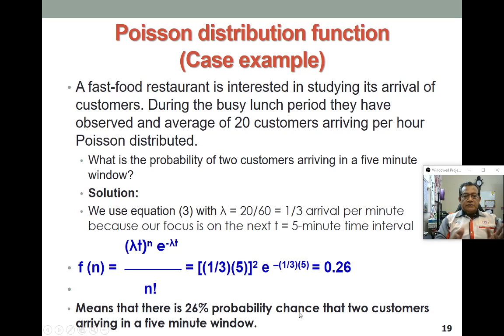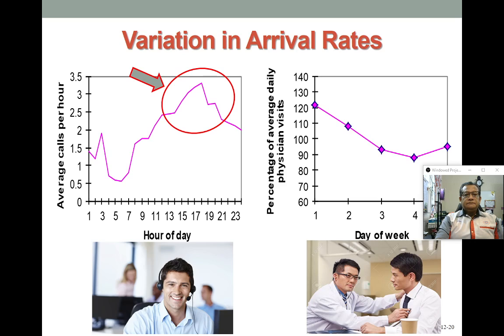So by this, you could predict that in the next 5 minutes, 2 customers coming is only about 26%, or about 1/4. 1/4 of the time, 2 customers will arrive within the next 5 minutes. That's the way we execute the calculation using equation formula number 3.